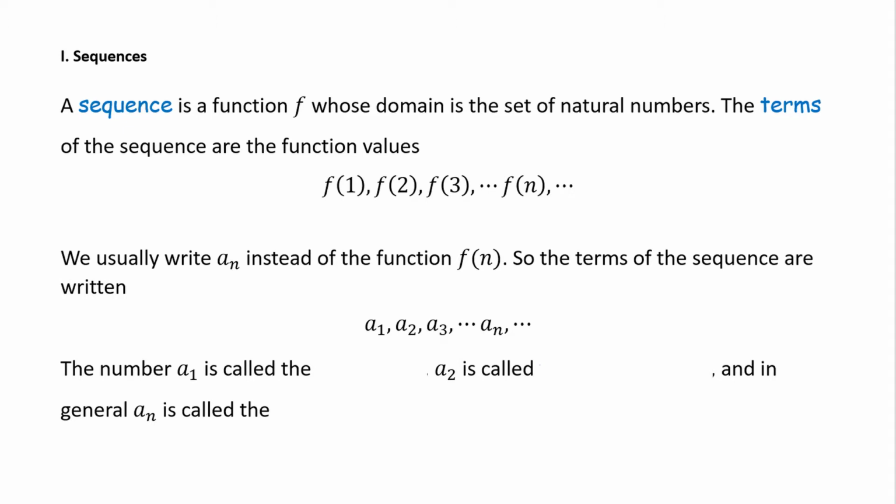We usually write a subscript n instead of the function notation f of n, so the terms of the sequence are written a sub 1, a sub 2, a sub 3, a sub n, and so on. The number a sub 1 is called the first term, a sub 2 is called the second term, and in general a sub n is called the nth term.